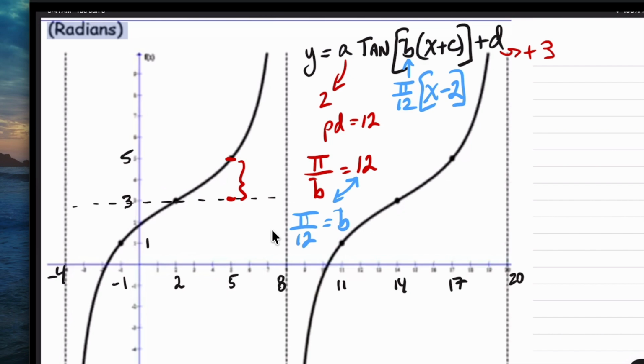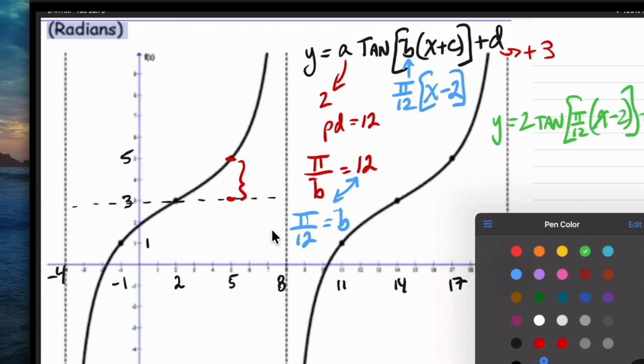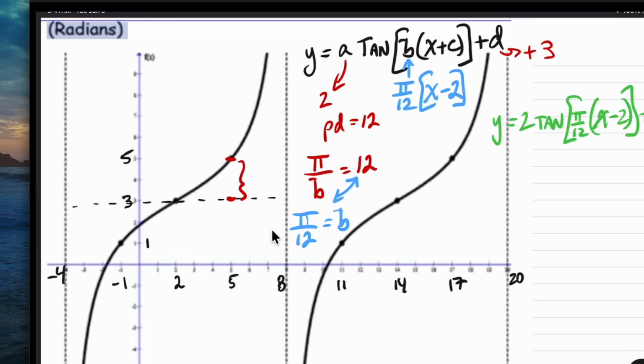Okay, folks, so our final equation written over here in green is going to be y equals 2 tangent bracket pi over 12 times x minus 2, plus 3. Now, if we want, we could also use this distance here.